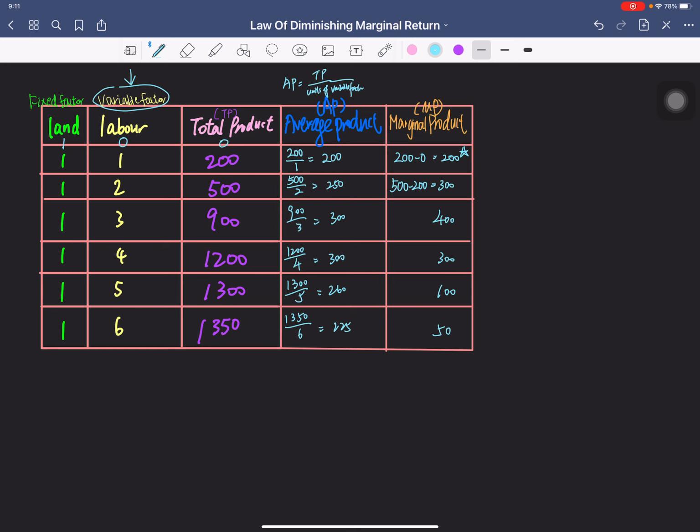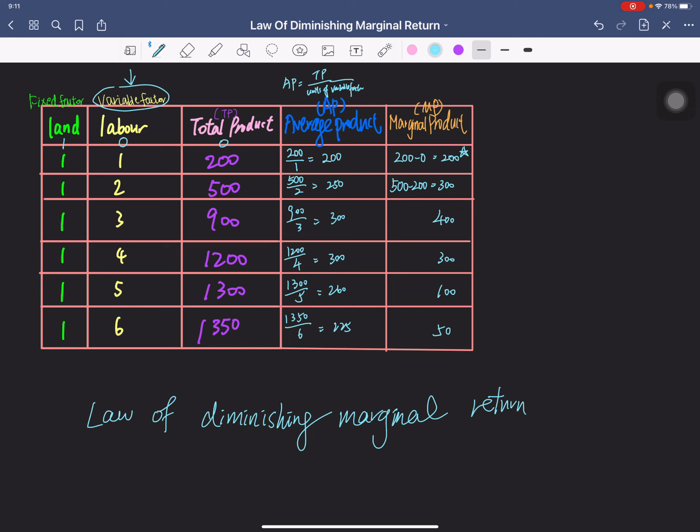In your exam, you are really likely to be asked about this, so you have to recall. This topic is the law of diminishing marginal return. First, you should state the law of diminishing marginal return.